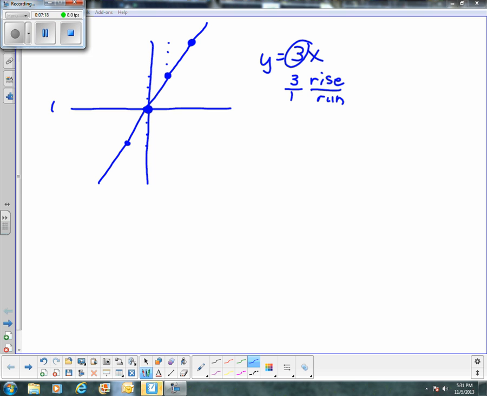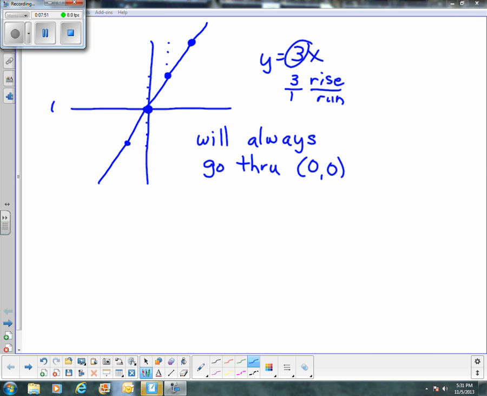Now, because on a direct variation equation our first plot will always be 0, 0, you know that in direct variation, the line will always go through the ordered pair 0, 0.